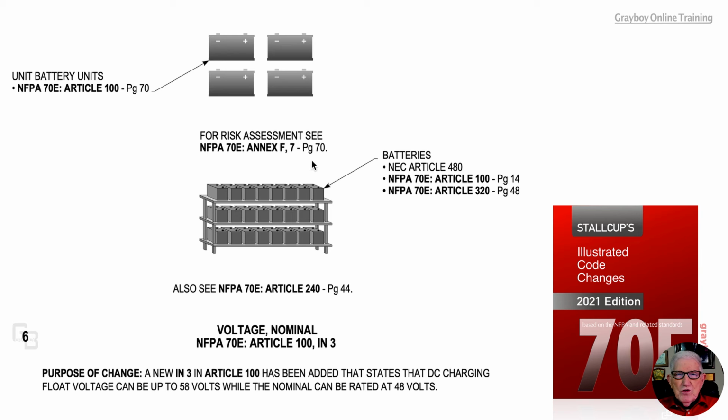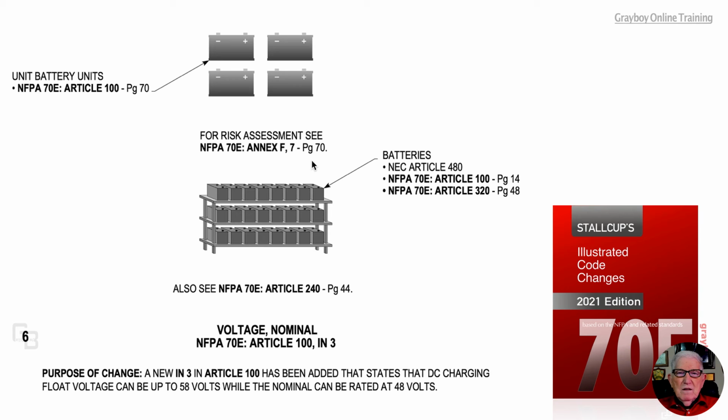The available short circuit current on DC batteries in accordance with the Annex D is to refer to the manufacturer to obtain a more accurate available short circuit current that may be present.